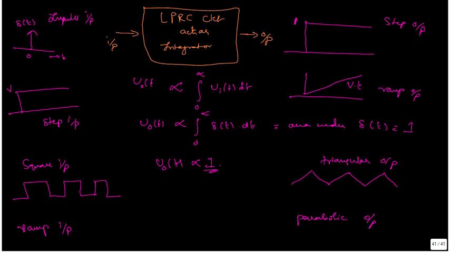So these are the different input signals you can apply. For those, what will be the response of the low pass RC circuit? Ramp input means the integration of t is t square, and t square is nothing but a parabola. So ramp input will give a parabolic output waveform, square wave input will give a triangular output waveform, step input will give a ramp output waveform, and impulse input will give a step output waveform.